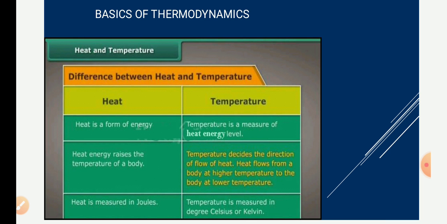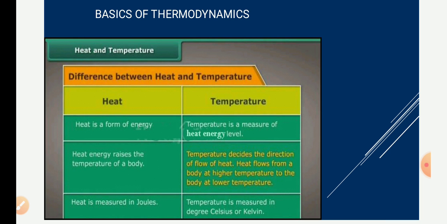Heat is a form of energy. Temperature is its measurement. To measure how much heat your body has, we use the term temperature. Heat raises the temperature of your body, but temperature decides how the heat will flow from high temperature to low temperature. Heat is measured in joules, and temperature is measured in kelvins or Celsius.